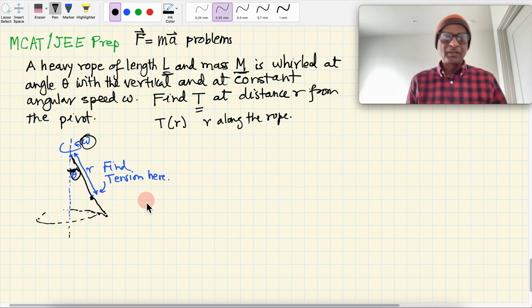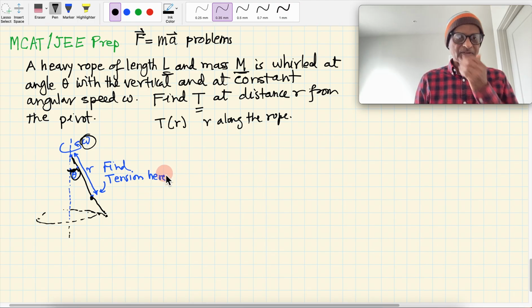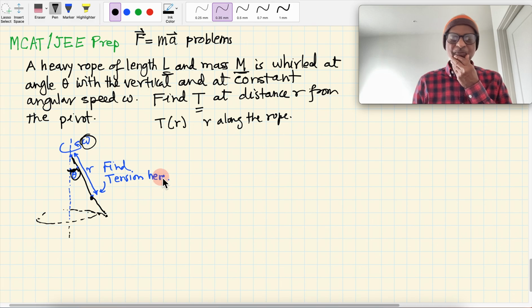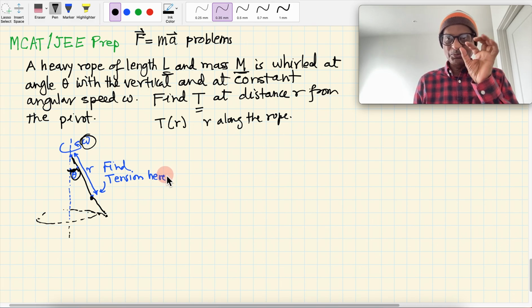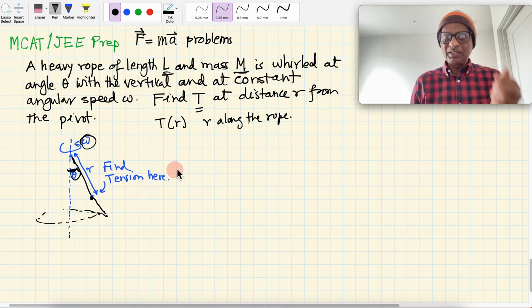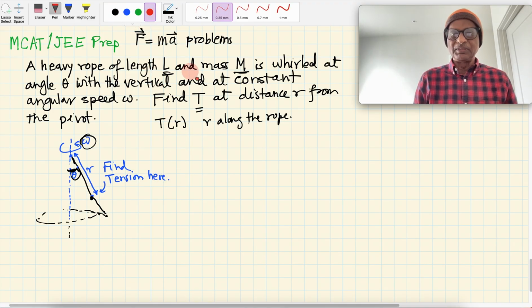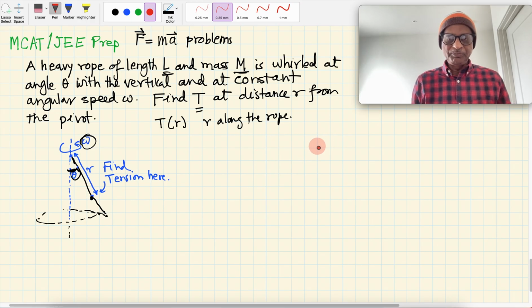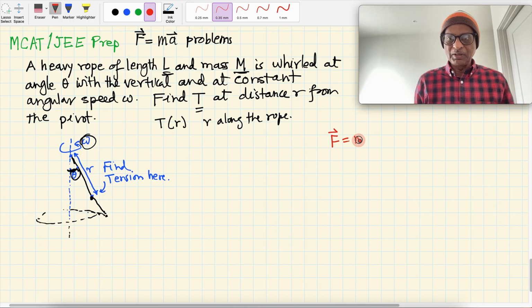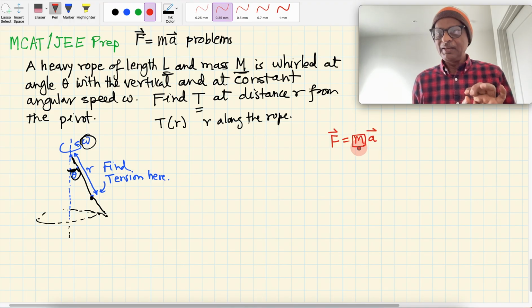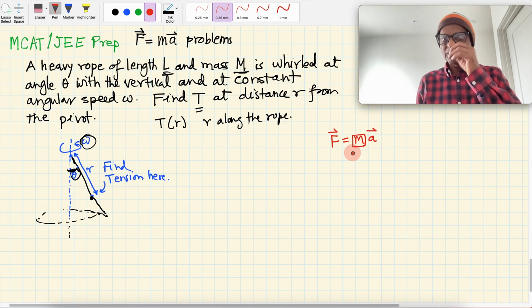Okay, so how do we handle this kind of thing? If you don't know the techniques of infinitesimal elements and how to look at the F equals ma on that element, you're going to be lost on this. So when you look at F equals ma, this m can be anything, it can be part of the body, and then you just look at all things.